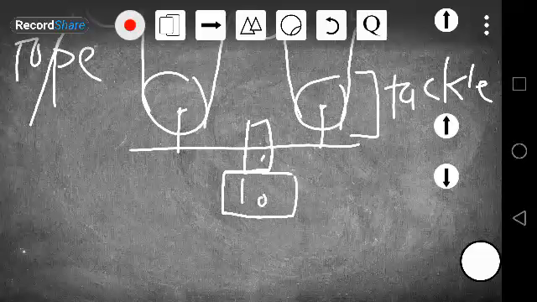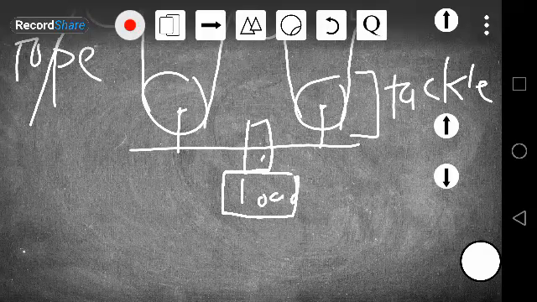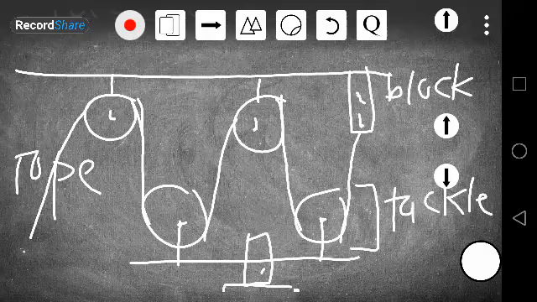This is the load. Okay, so we have this, a block and tackle.